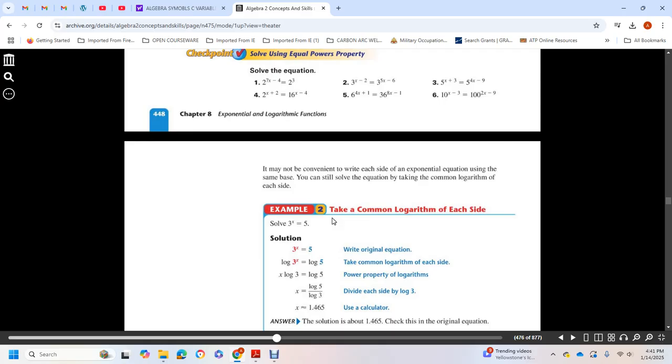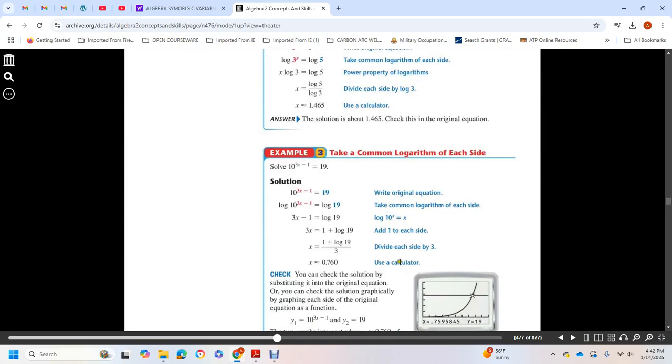Log of 3 to the x is equal to log of 5. The x log 3 is equal to log 5, by the power property of logarithms. So x is equal to log of 5 over log of 3. Using a calculator, divide each side by log of 3, and you get 1.465.